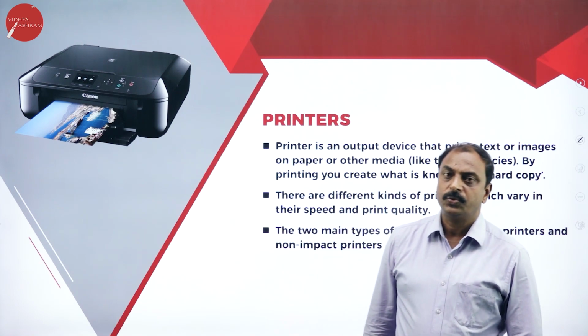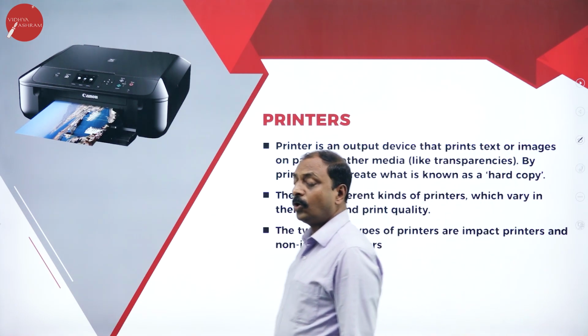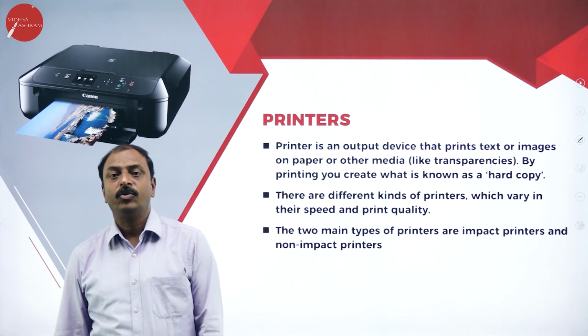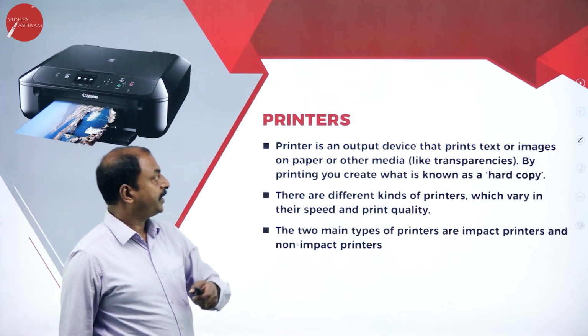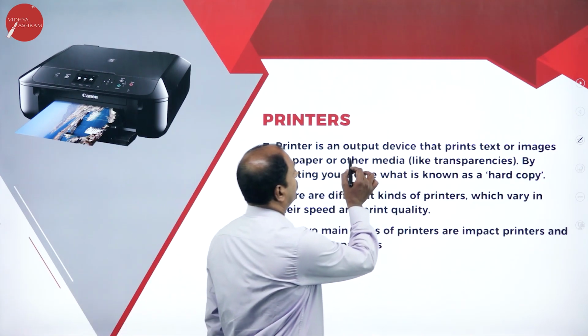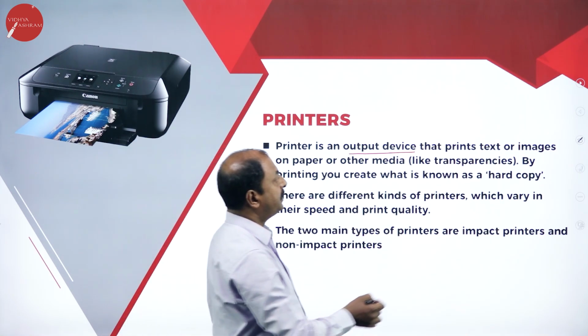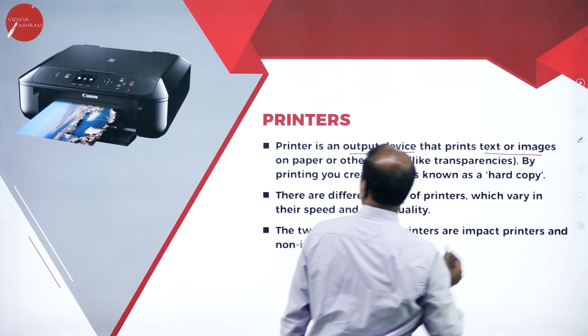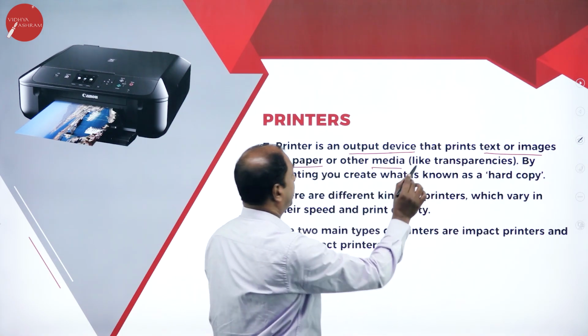Now let us move on to one more output device, that is printers. All of you are familiar with printers, and you might have come across different types of printers. So what are printers? A printer is an output device, and it prints text or images on paper or other media like transparencies.